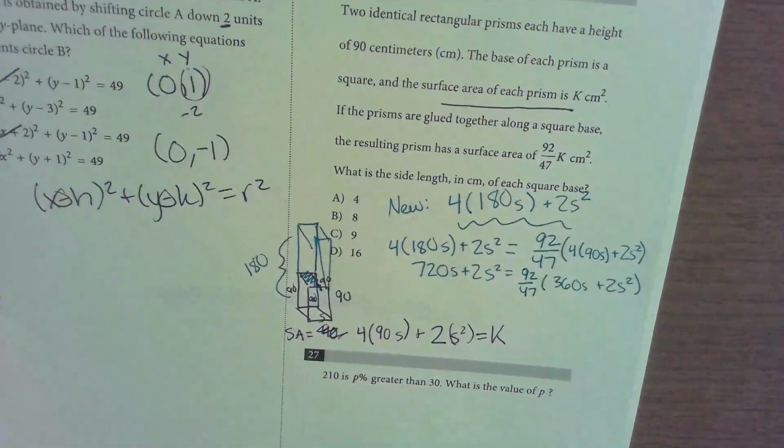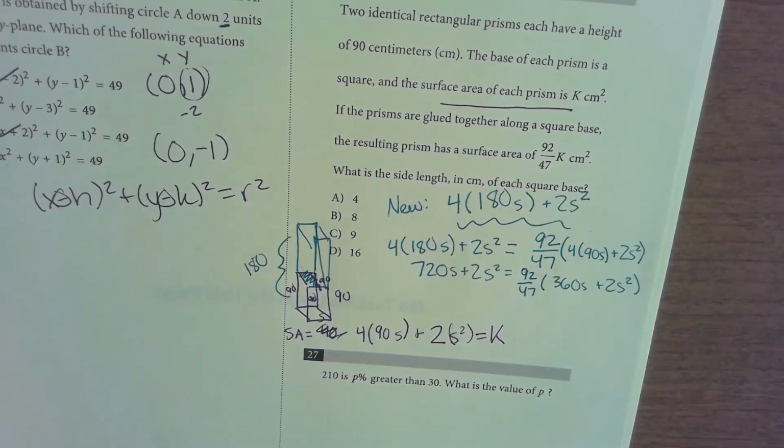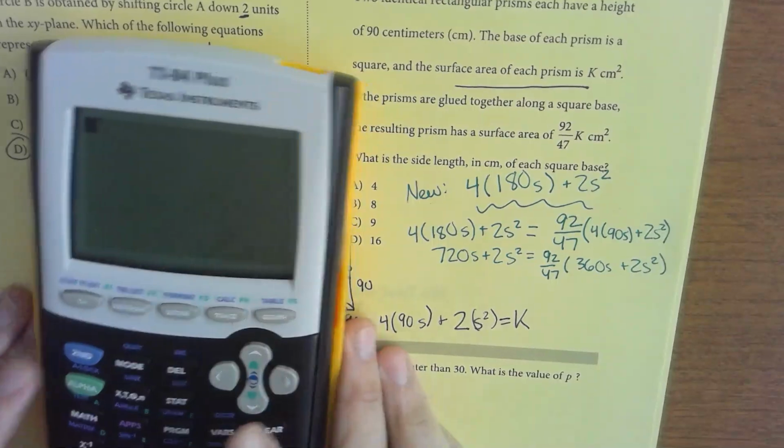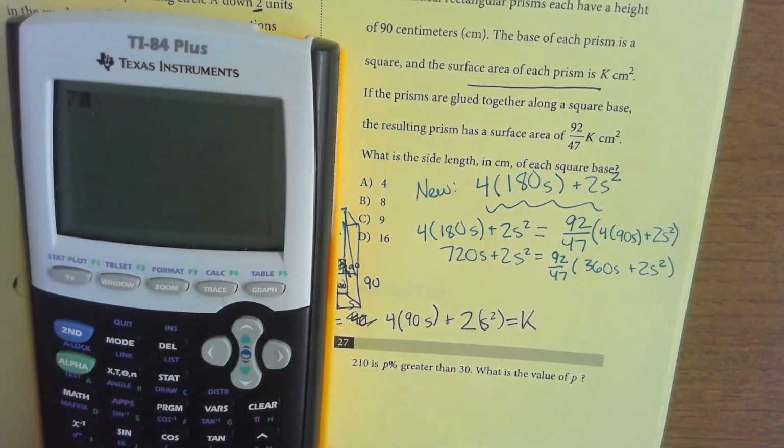And now, honestly, I think I'm just going to try to plug things in and see when the two are equal. So let's work on that a little bit in the calculator. It's not going to be pretty, but let's try. 720 times 4 plus 2 times 16. On this side of the equation, I got 2,912.